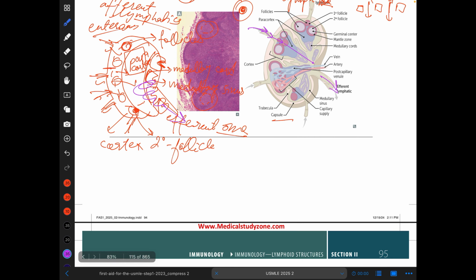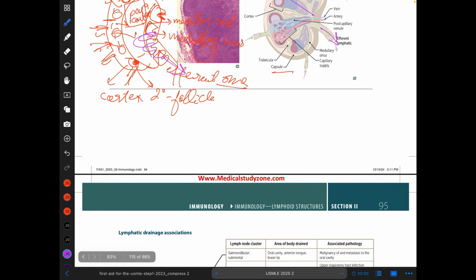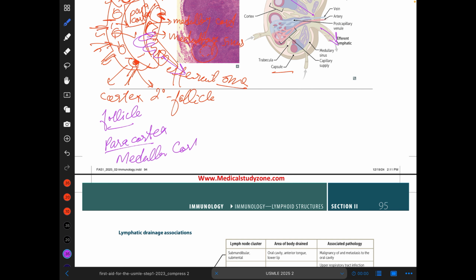If you summarize things, you have the follicle, then the paracortex, and next we have the medulla. In the medulla we have the medullary cord and medullary sinus. In simple terms, you have to remember the cortex is affiliated with B cells.